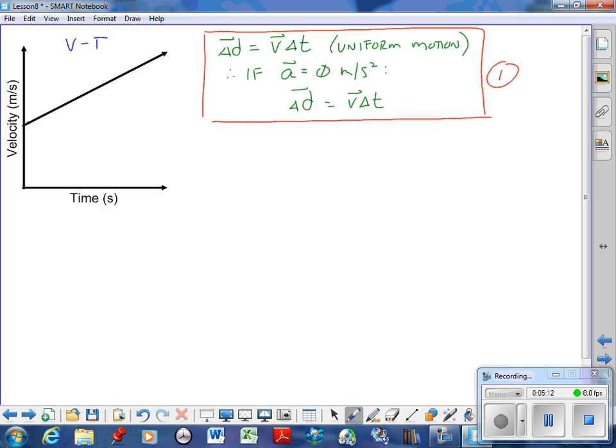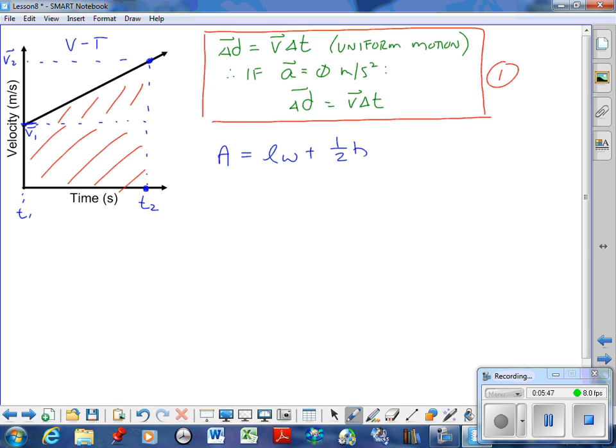Another equation: if we're going to find the area under the line here, let's call this T2 and T1. We'll go right back to the beginning. We're going to call that value there V1, and we will call this point here, that height there, V2. If I want to find the area under the graph, this region right here, the formula would be area equals length times width plus 1/2 base times height.